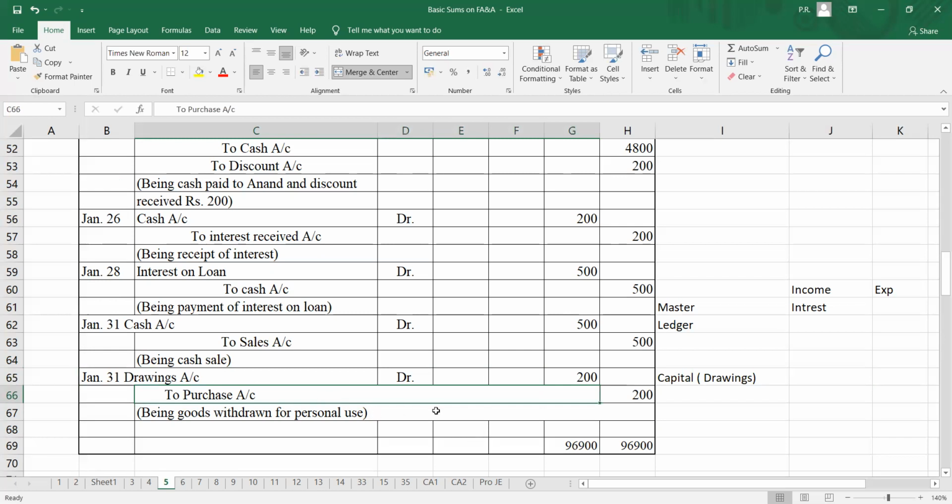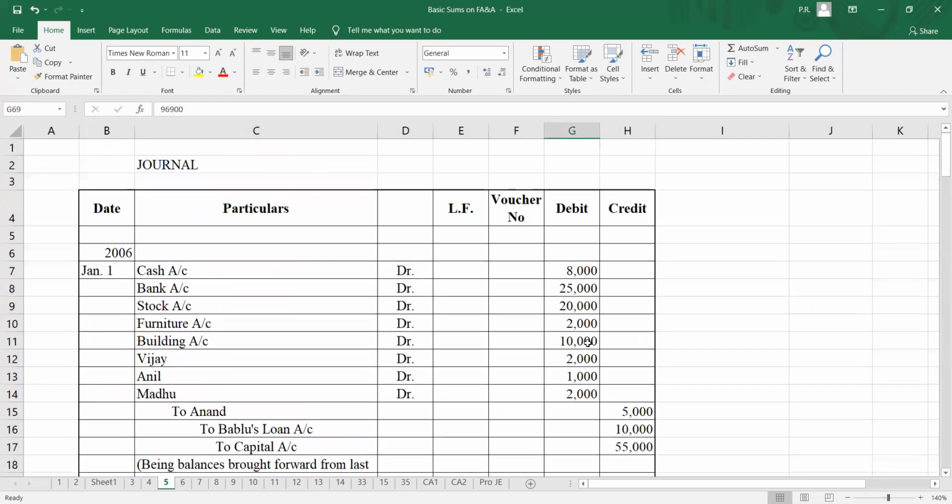So I am reducing the purchase by giving an opposite effect. That is, instead of debiting purchase, I am crediting purchase. So the purchase will go down. So the entry becomes drawings account debit to purchase account 200 rupees. After this, you add the debit and the credit, it will become 96,900. So this is how you are going to solve the sums.